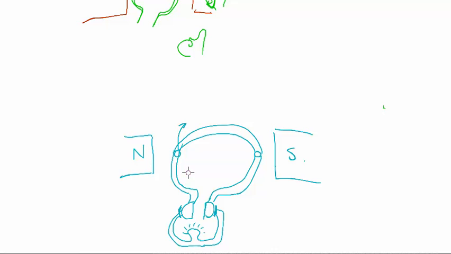If I'm pushing it up, and my palm is from north to south, then the current is going to be flowing towards me. So this one will be flowing towards me, and that one will be flowing away from me. Now you'll notice that at this point I'm at a 90-degree angle with my magnetic field line.